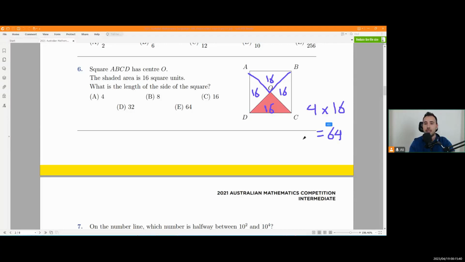So the area is 64. So again, if the area is 64, that means each side of the square was 8. We multiplied it, we got 64. So it will be 8.